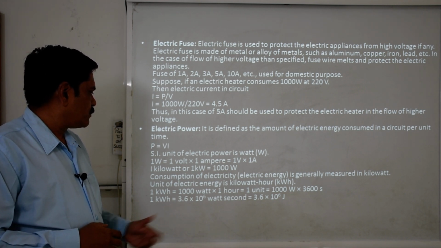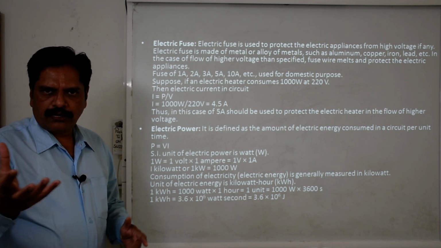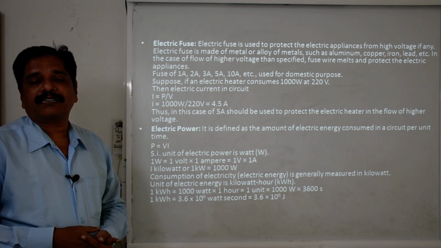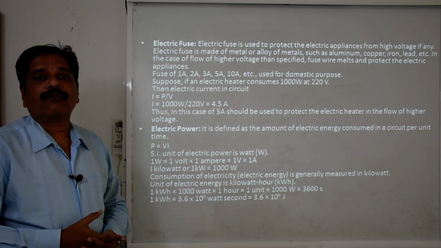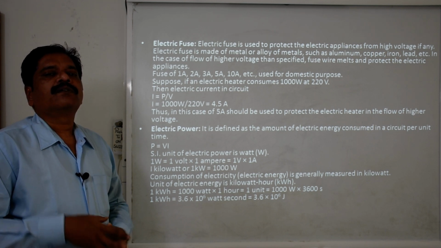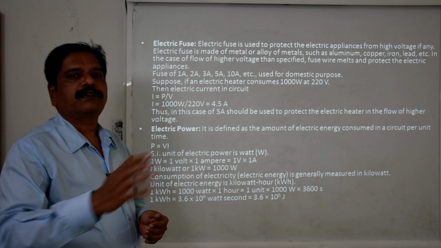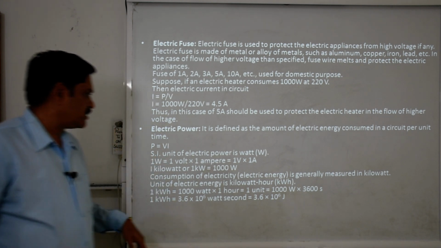The commercial unit of electricity is 1 kilowatt hour. That means 1 kilowatt used in 1 hour is equal to 1 unit. Clear?